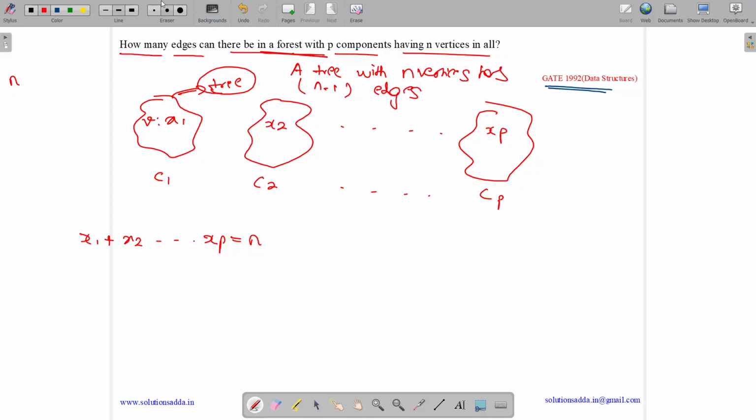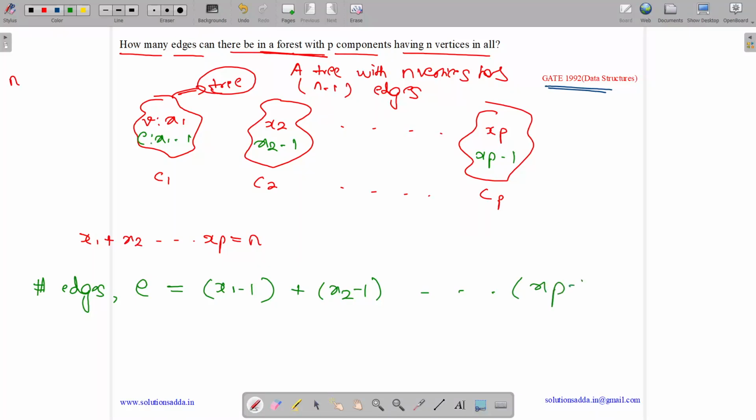As each component needs to be a tree, the number of edges in this will be x1 minus 1, this will be x2 minus 1, and this one will be xp minus 1. So the number of edges, we can write it as E equals x1 minus 1 plus x2 minus 1 up till xp minus 1.